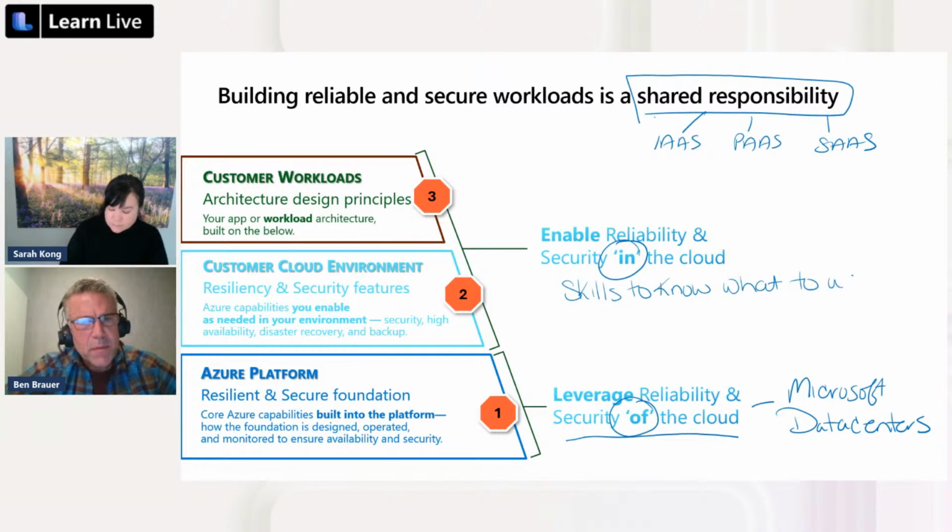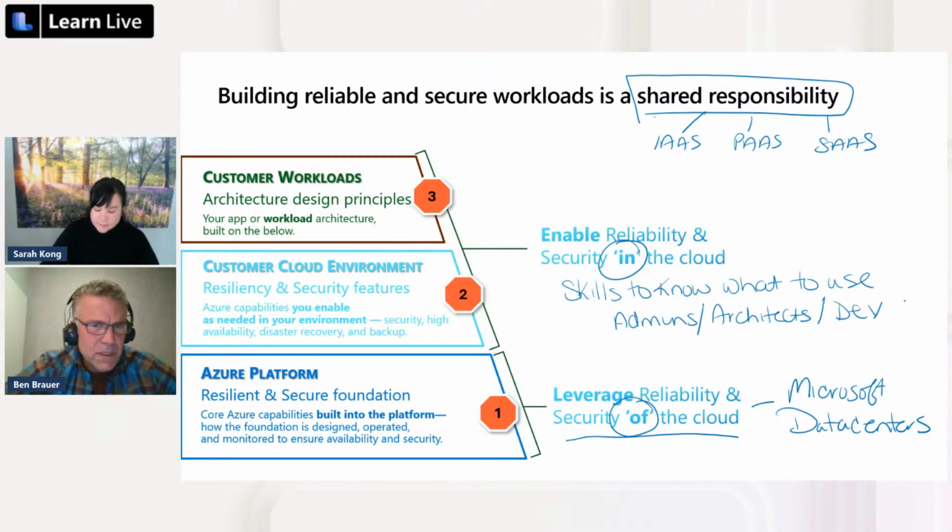It's basically the same thing you needed to do on premise. You need to have the skills to make sure that you have a secure environment and that your workloads are secure. So it's no real difference.